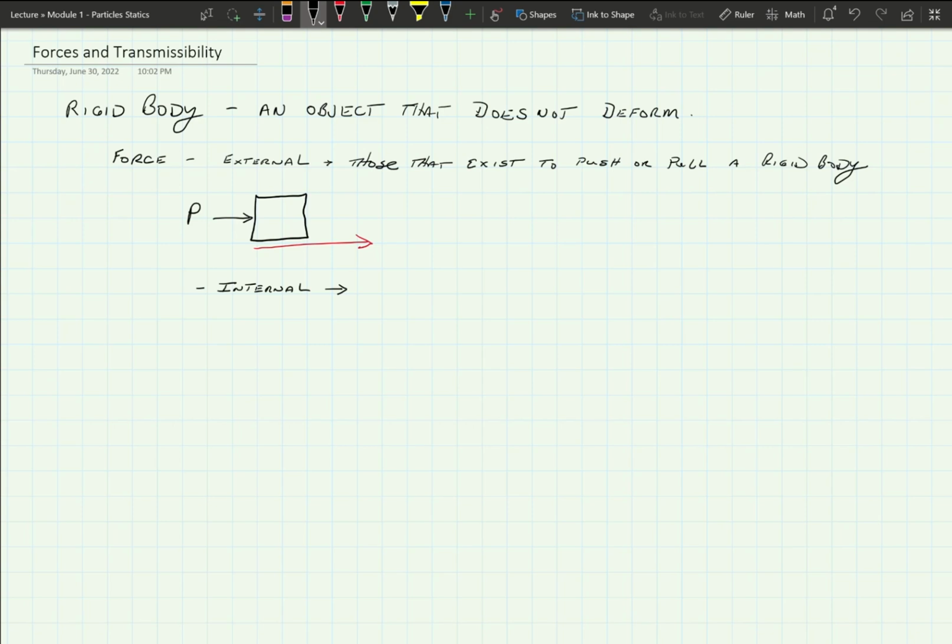Okay, so these are forces that hold the rigid body together.